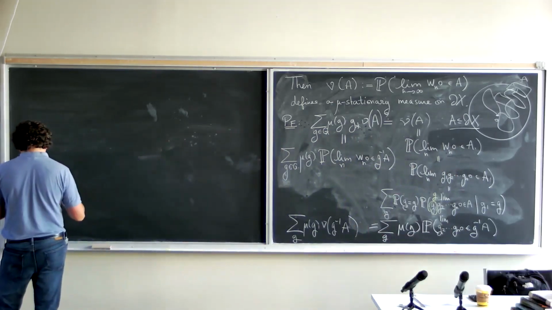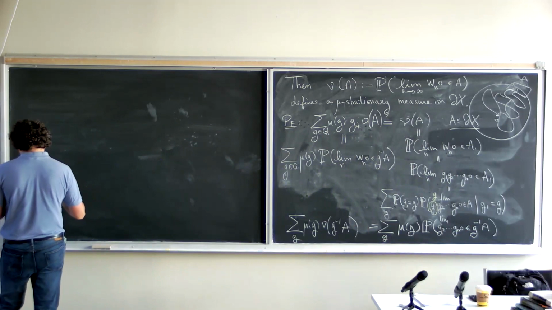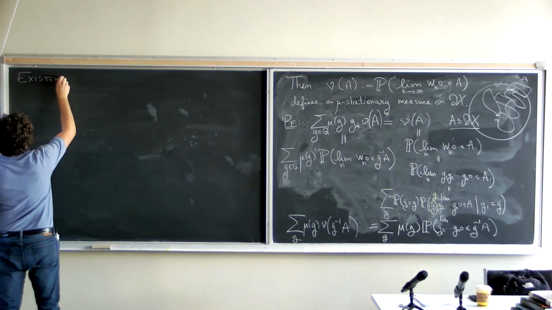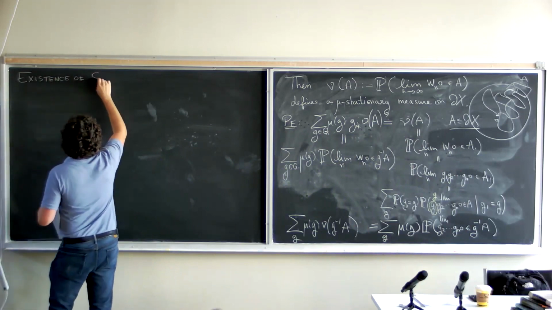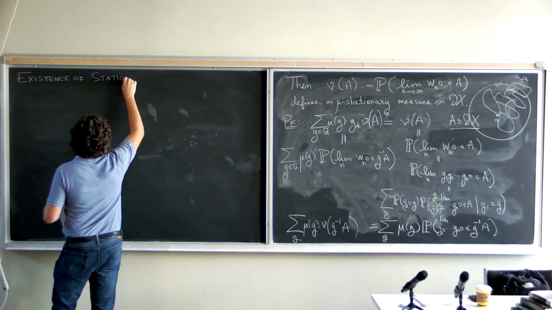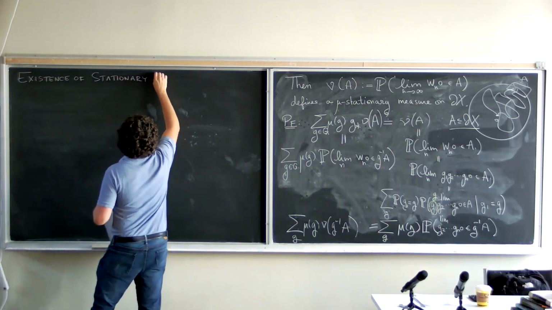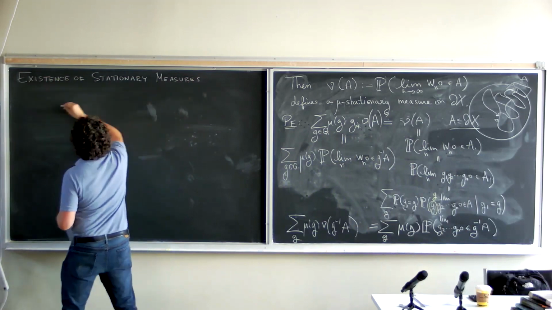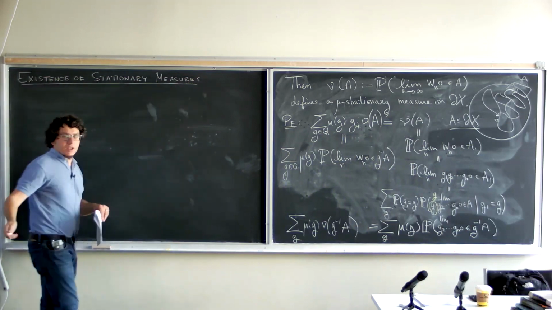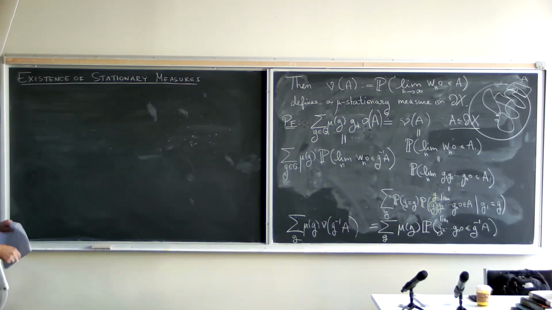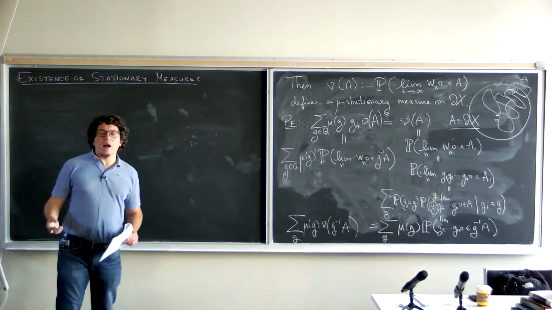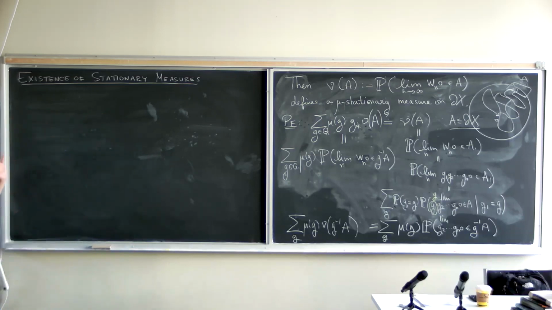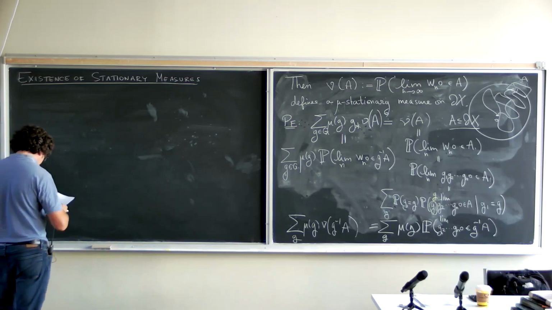Okay, so what else? Now we can look at the existence of stationary measures. Just the existence of stationary measures, in the basic case, if the boundary is compact, is somewhat straightforward by classical functional analysis.